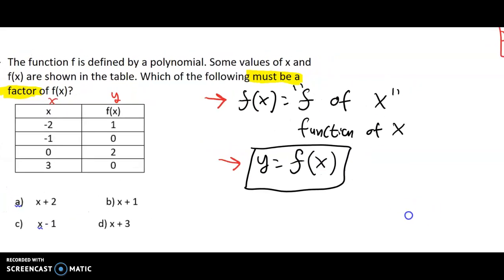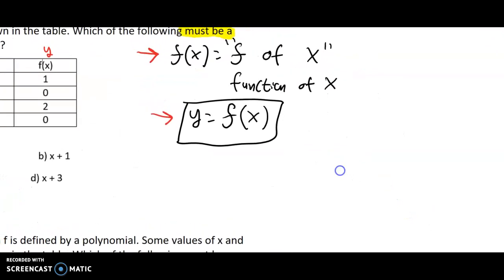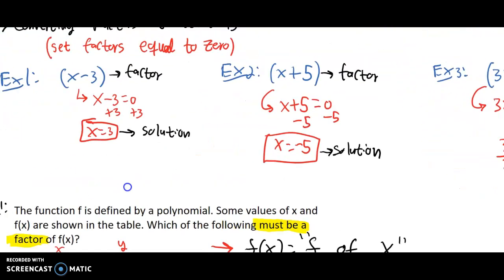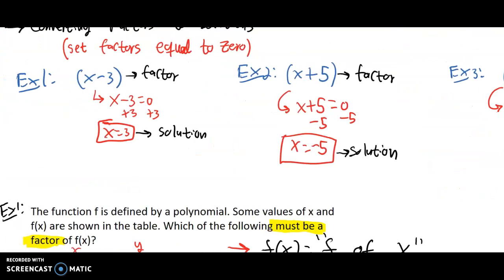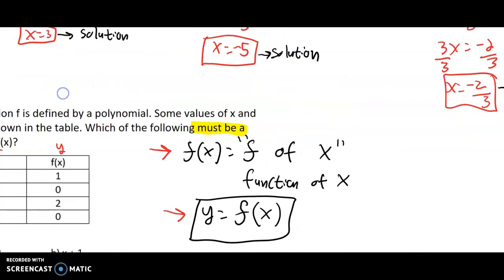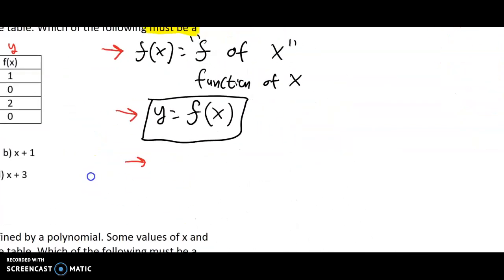Next thing that we need to know when we approach this problem is that we have factors and solutions when y equals 0, not when x is 0. Just like up here, we're setting something equal to 0 to isolate our x. To get an x isolated, y must be 0.